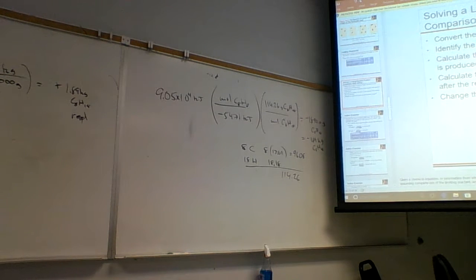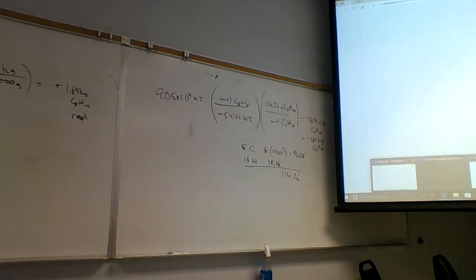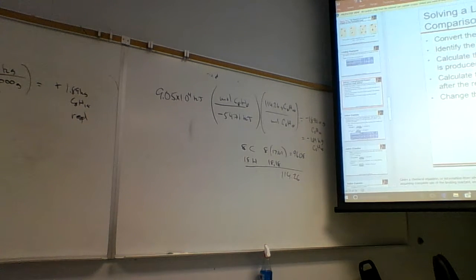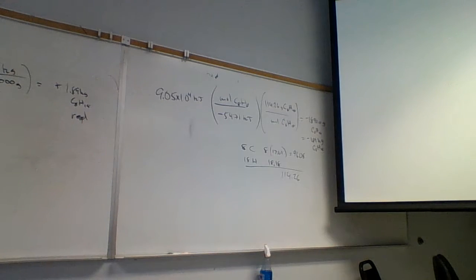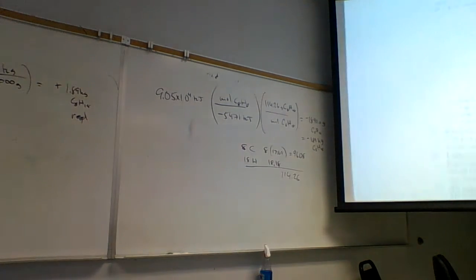Well, that's the end of the PowerPoints there for chapter 10. But anyway, stoichiometry is a big topic in chemistry. So let's take a look at some stoichiometry problems from the book, get an idea.